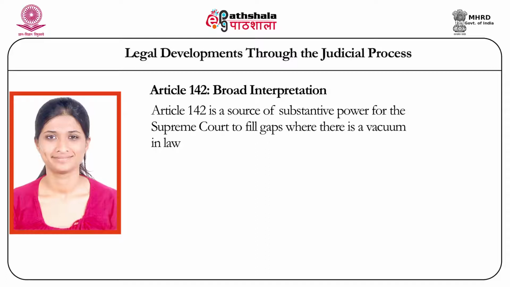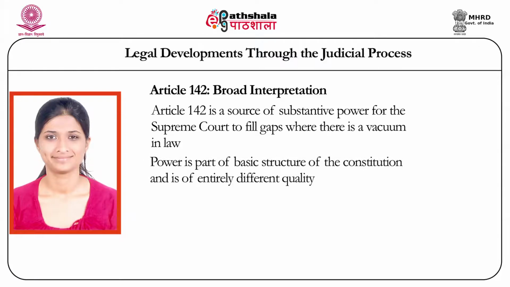In Delhi Judicial Services Association versus State of Gujarat, it was observed that the power of the Supreme Court under Article 142 to do complete justice was part of the basic structure of the Constitution and thereby entirely of a different level and quality. Any prohibition or restriction contained in ordinary laws could therefore not act as a limitation on the constitutional power of the Supreme Court.